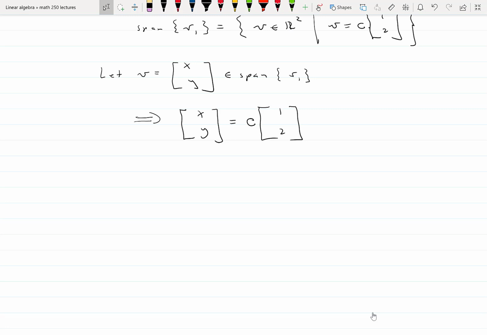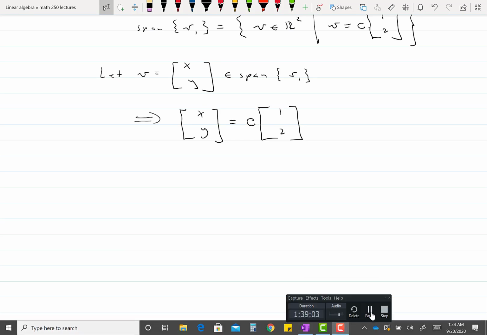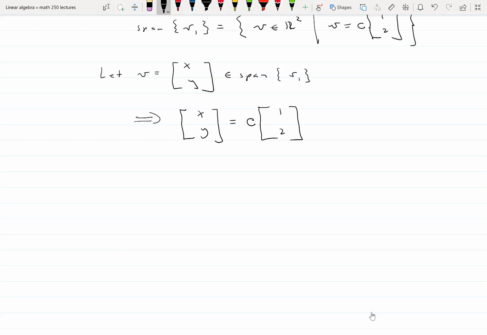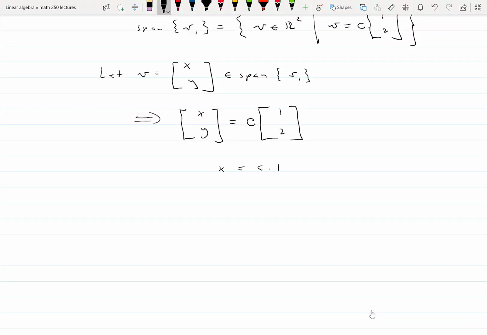Now let's invoke our knowledge of matrices. If these two matrices are equal to each other, then the first entry of the left-hand matrix should be C times 1, and the second entry should equal C times 2.